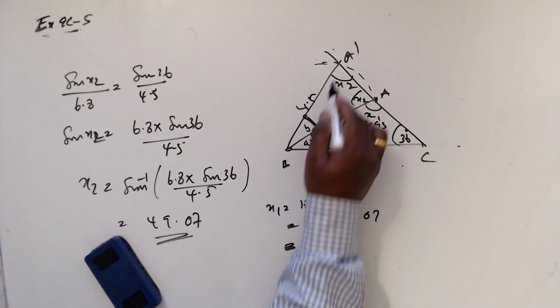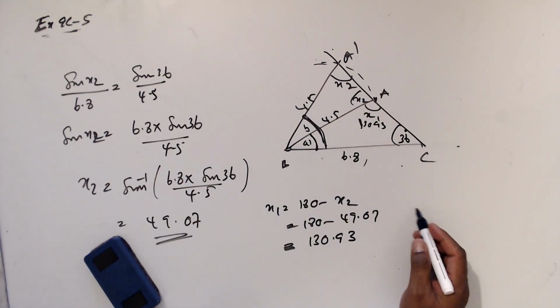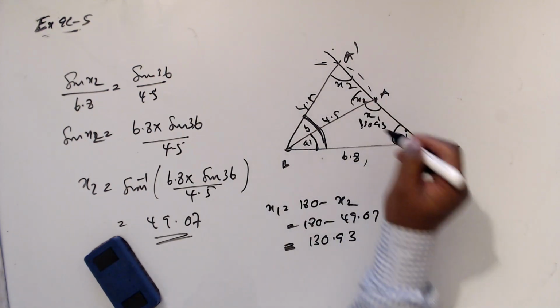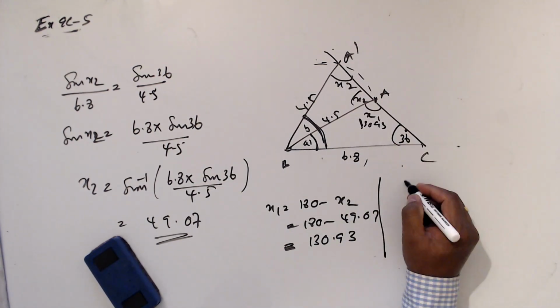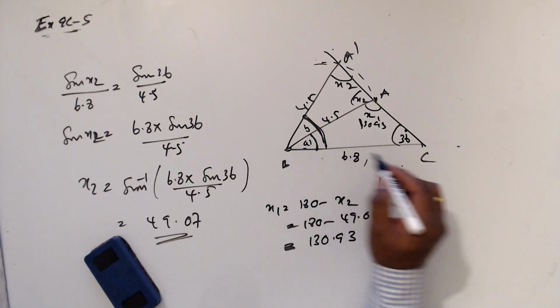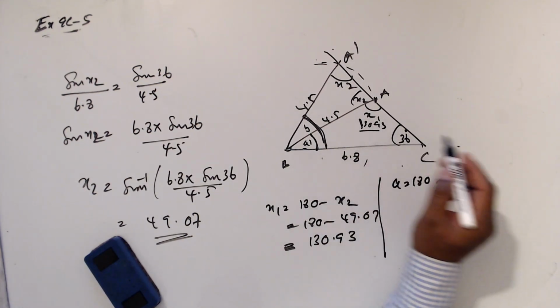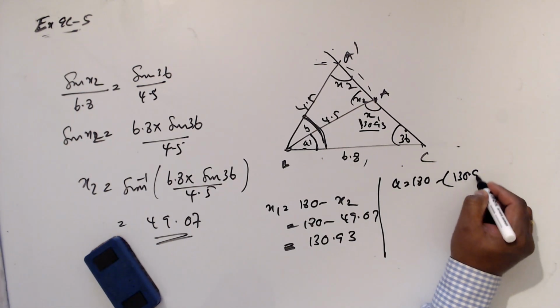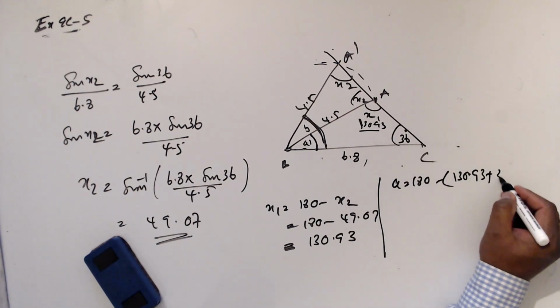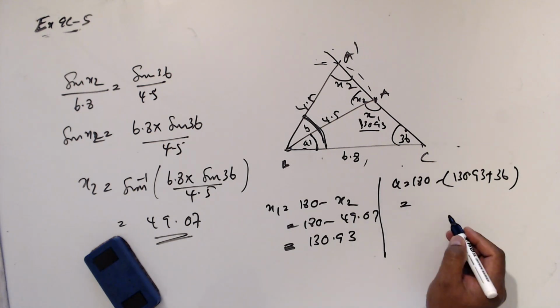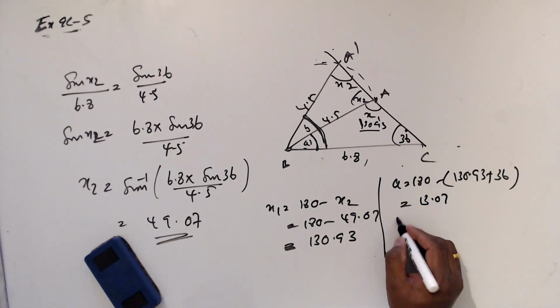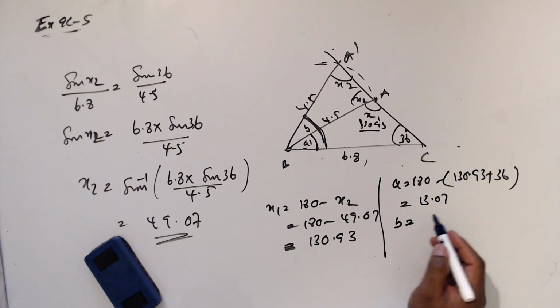Big angle is B with the big triangle. Now A, I'm looking for this angle, is 180 minus this one, 130.93 plus 36. So this is B.